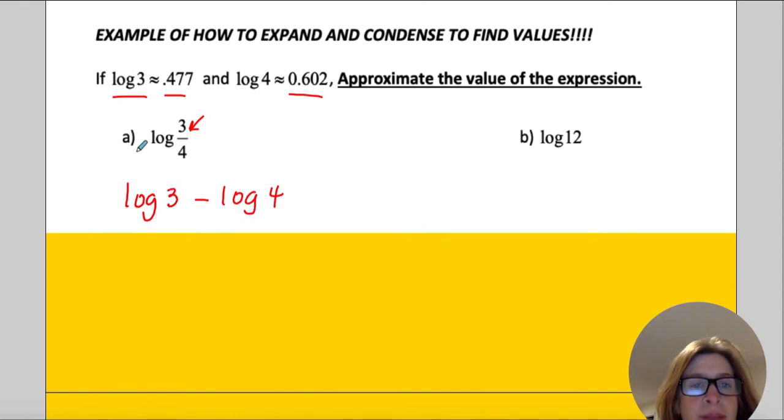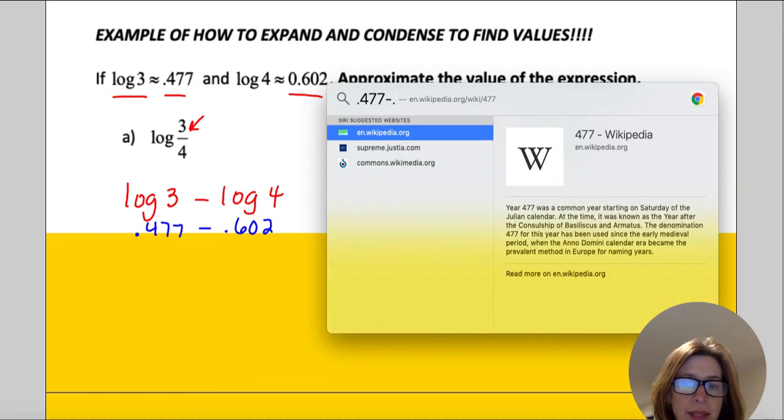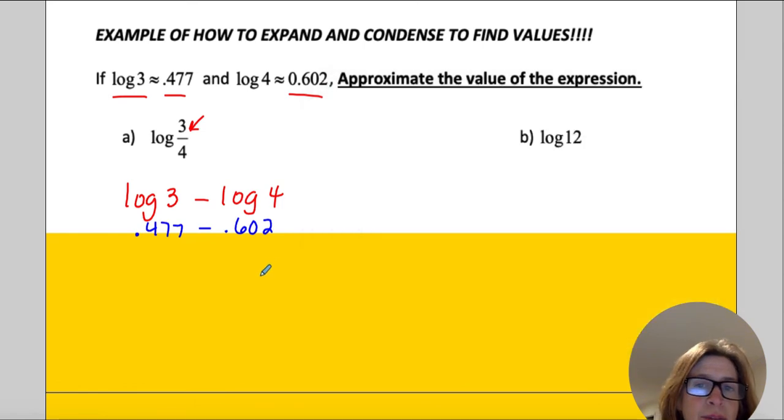And so then log base 3 we know is 0.477 and log base 4 is 0.602. All right, I'm going to do that on my calculator. 0.477 minus 0.602. So negative 0.125.